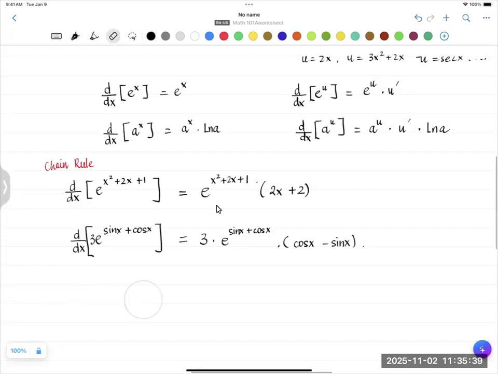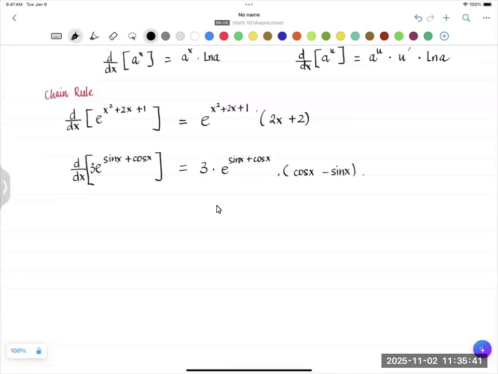Okay, so let's do an exponent that is not e but a. So the derivative of 3 times 4 to the power 2x. Let me rewrite that: 3 times 4 to the power 2x. So your 2x is applied to the 4. 4 is the base a. 3 is the constant coefficient, so it stays the same. This is a to the power 2x, not a single x, so we will have the chain rule.